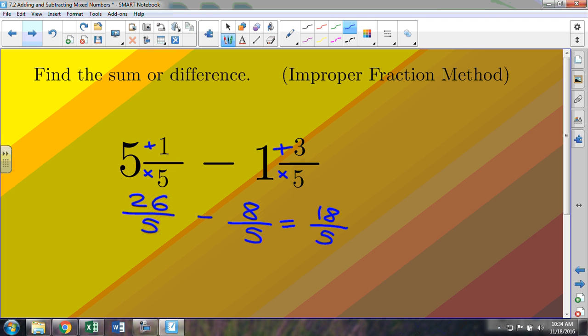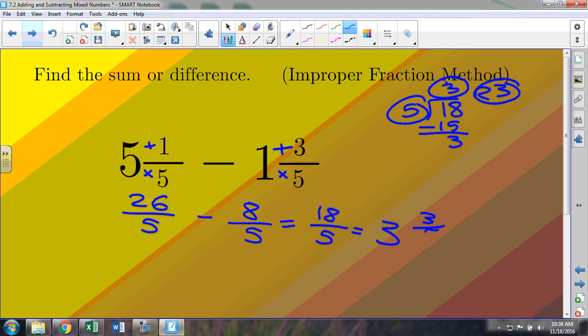And now we have to take 18 over 5. 18 divided by 5 is 3, with a remainder of 3. Therefore, we have the whole number of 3, the remainder of 3, denominator of 5. And we have our correct answer of 3 3/5.